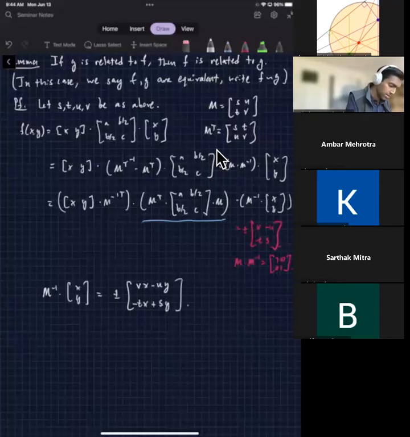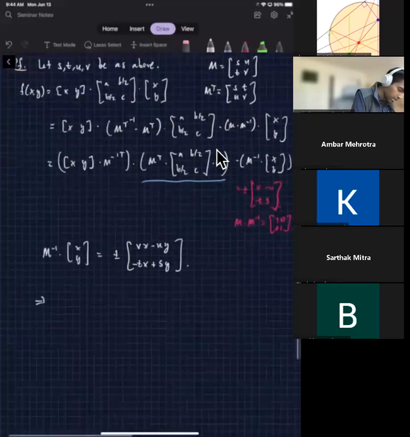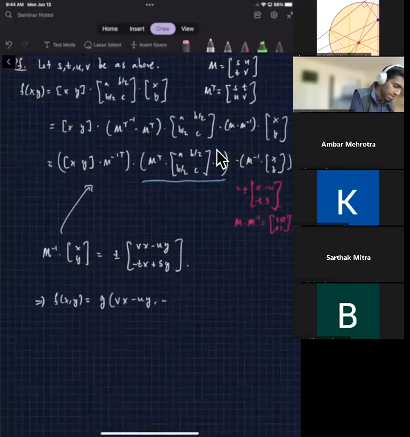So using this relation and combining it with this formula here, we get that f of x, y is equal to g of (vx minus uy, minus tx plus sy). And that's exactly the condition for f to be related to g. And so in fact, f is equivalent to g. That completes the proof.